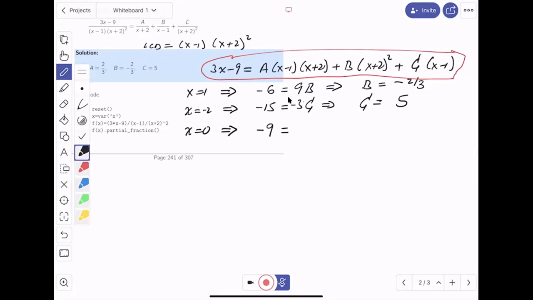If x is 0, you get minus 1 times 2, which is minus 2a. Plus b. Well, b, I believe, is minus 2/3. And then I get 0, so that'll be 4. Plus c, which is 5. And x is 0, so minus 1. Let's keep going through it. Minus 9, minus 2a.